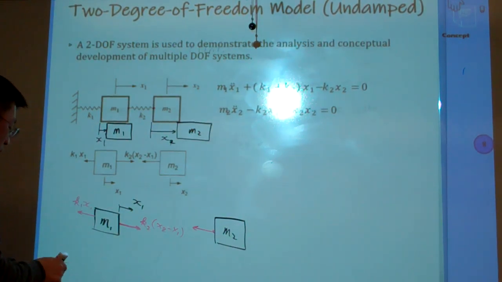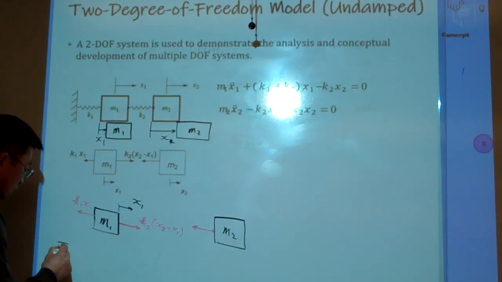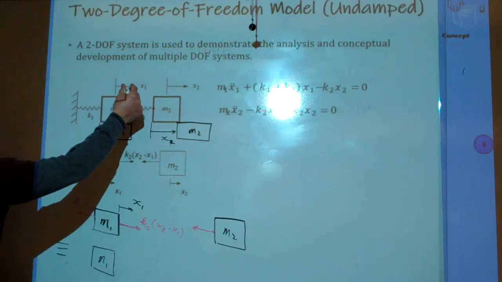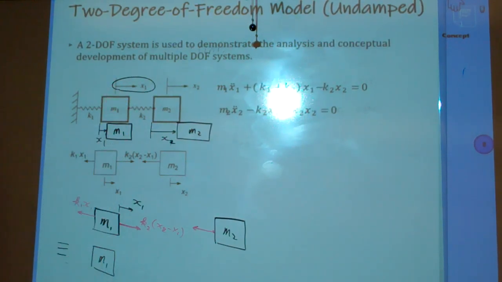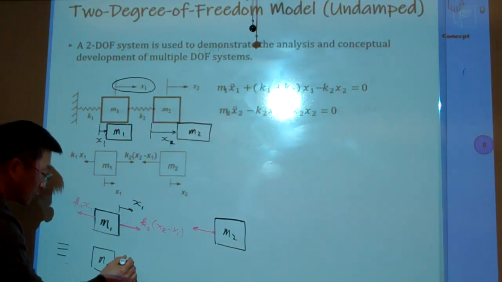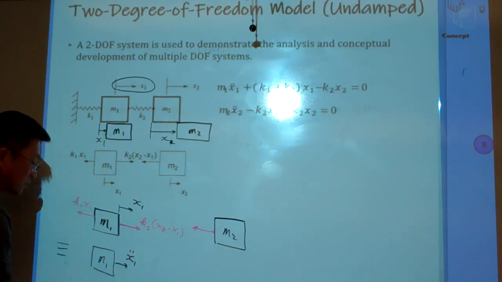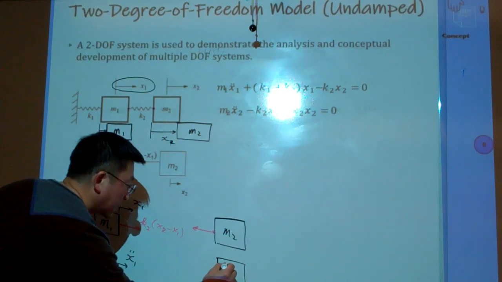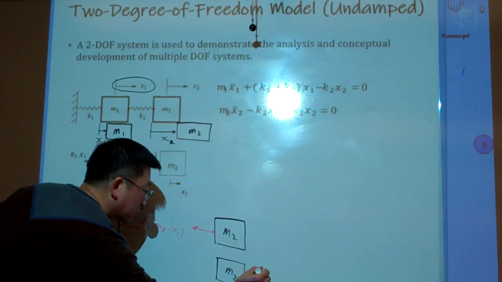Once you have this, then using Newton's law, the net force equals m1 times the acceleration, following the assigned direction of the degree of freedom, so that is x1 double dot. Likewise for m2, it is m2 x2 double dot.